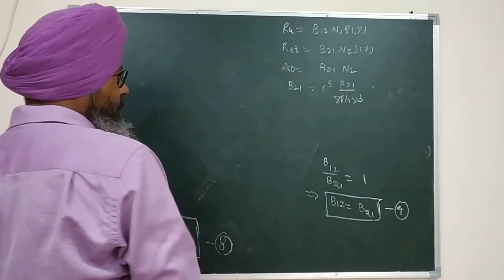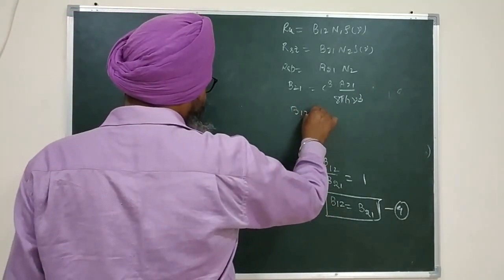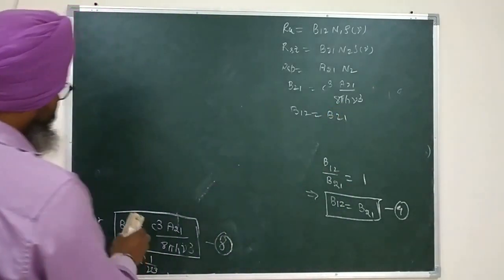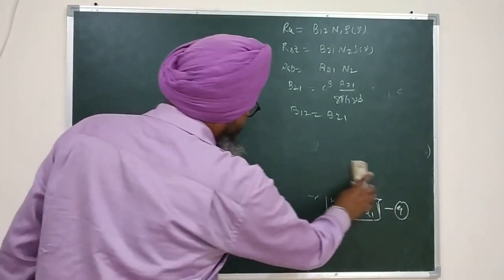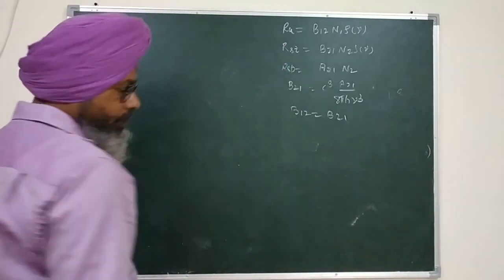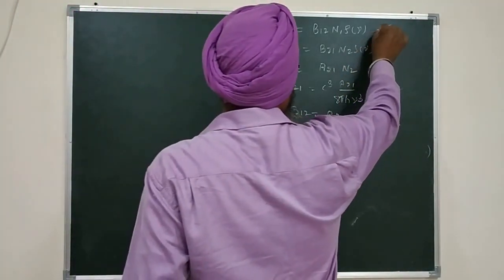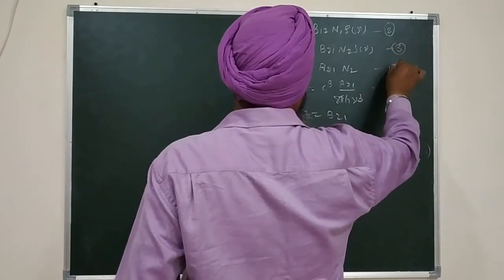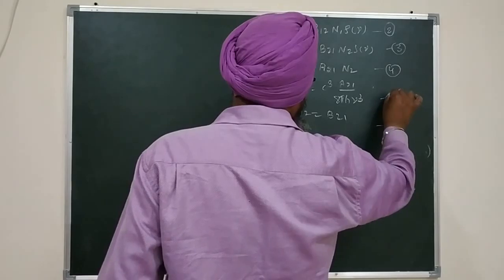This is the equation that I have just written, and we also know that B12 is equal to B21. Now I have written all the important expressions on the board. I remember this was equation number 2, this was 3, this was 4, this is 8, and this is 9.